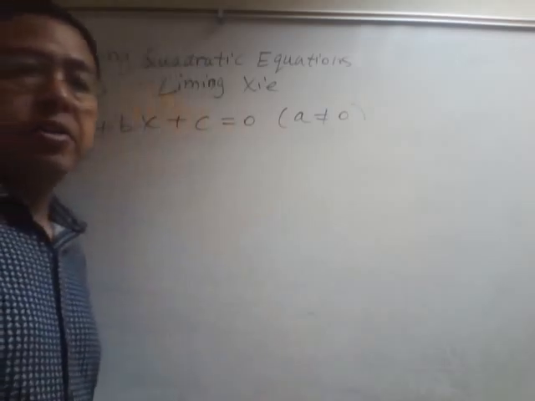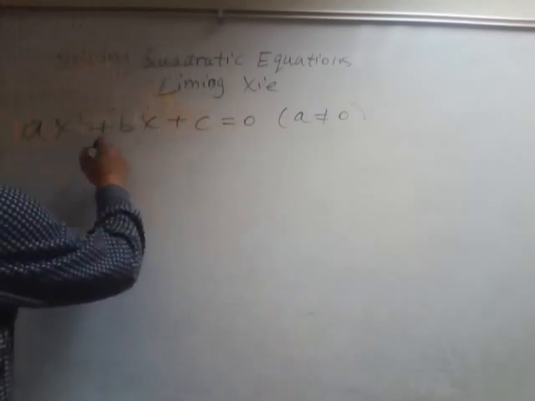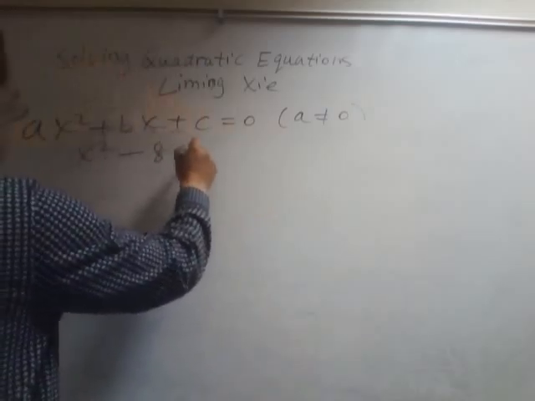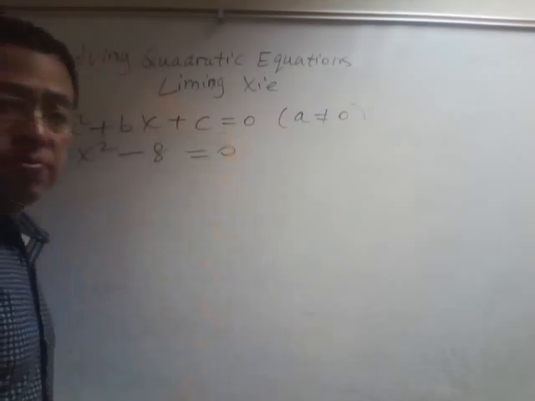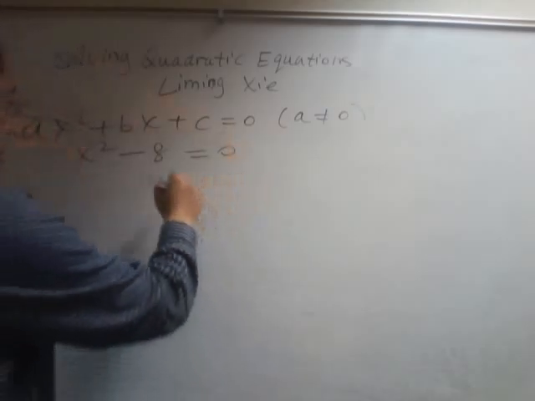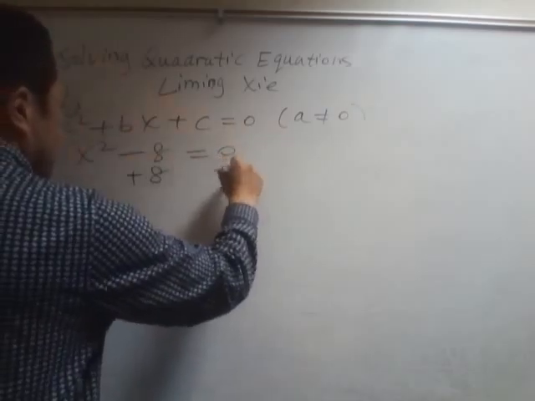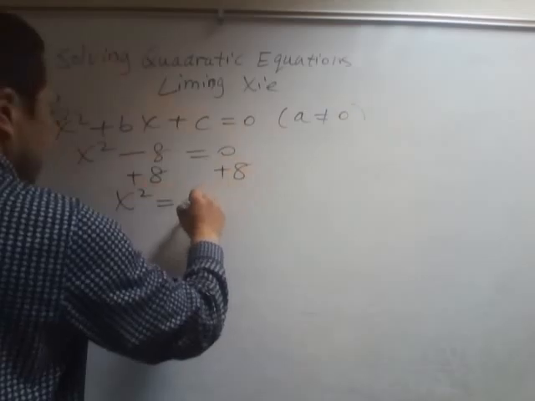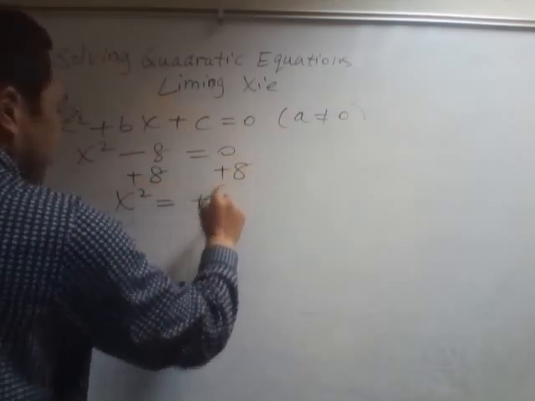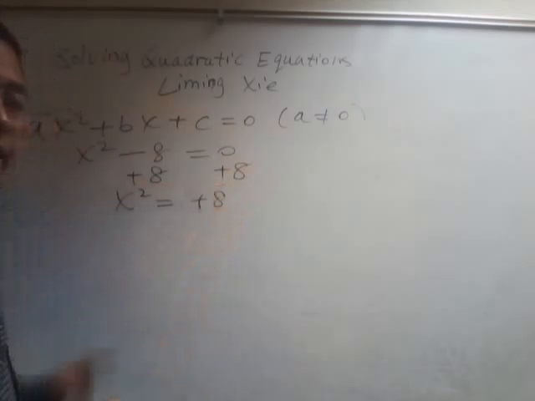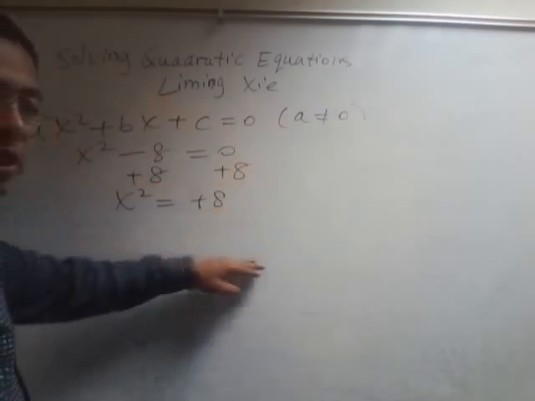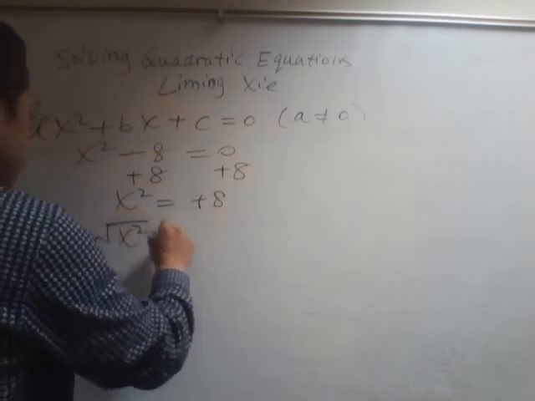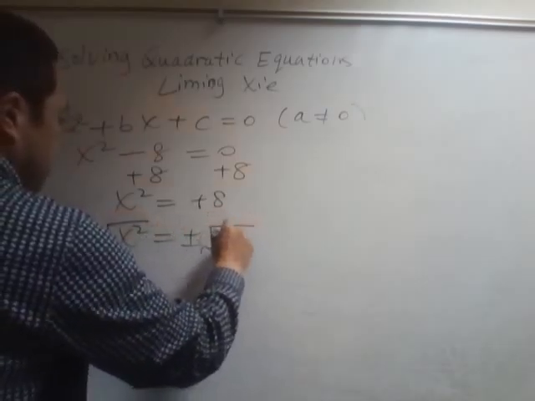Now we make another example, okay? If x squared minus 8 equals 0, how to solve this one? So add 8 to both sides. We get x squared equals 8, right? And then we take the square root of both sides. So we get the square root of x squared equals plus or minus the square root of 8.